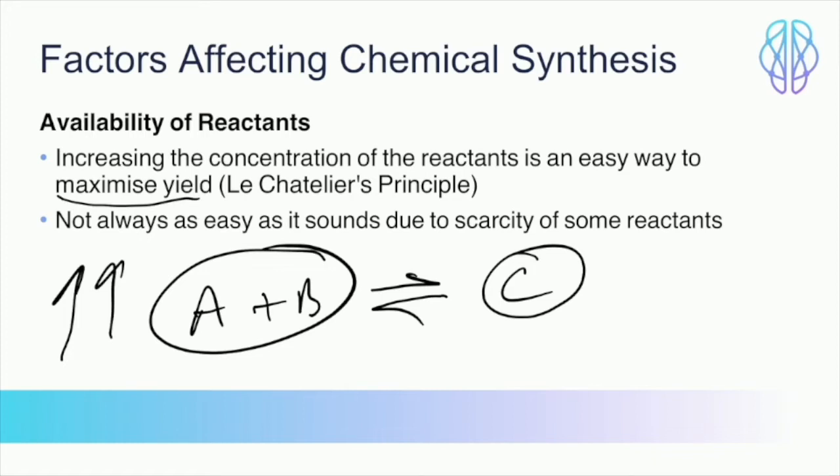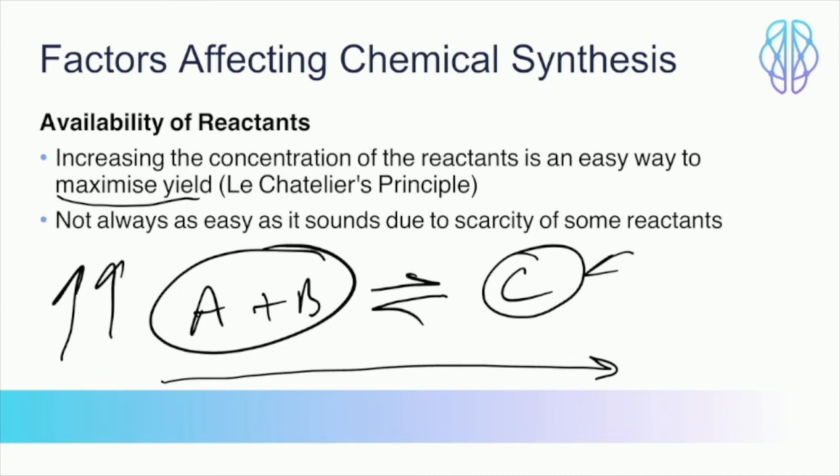The system is going to shift in a way to minimize the effect of that change that I've imposed on the system. So thus, if I add an excess of reactants, the system will shift from left to right and make more of the product, which is what I want. I want more of C. So that's a really easy way to maximize your yield.